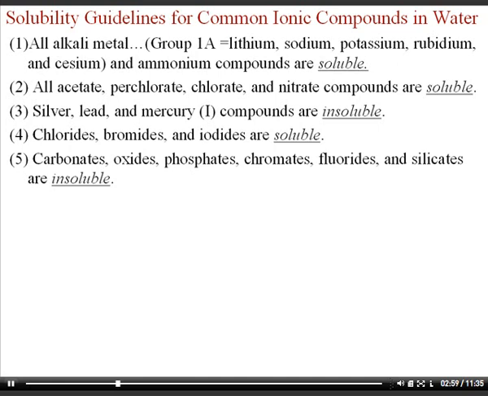Now, my class came up with a good mnemonic device for remembering these ions that are insoluble in rule number 5, and it's called CrO-CO-copopho. CrO-CO-copopho. And it comes from the formulas for the ions. So CrO is chromate, CrO4, and then CO is silicate, SiO3, so it's CrO-CO, and then copopho stands for carbonate, phosphate, and then fluoride and oxide.